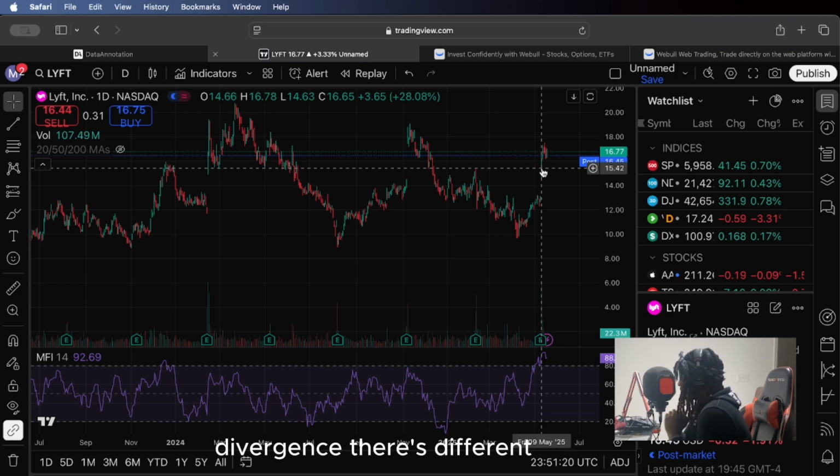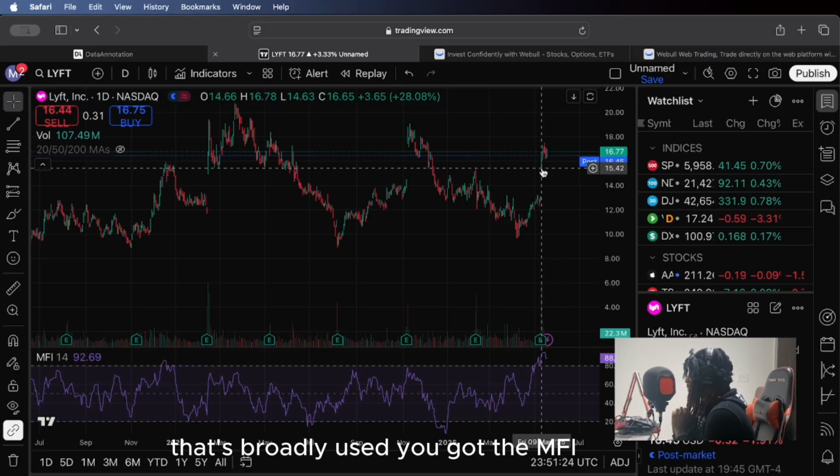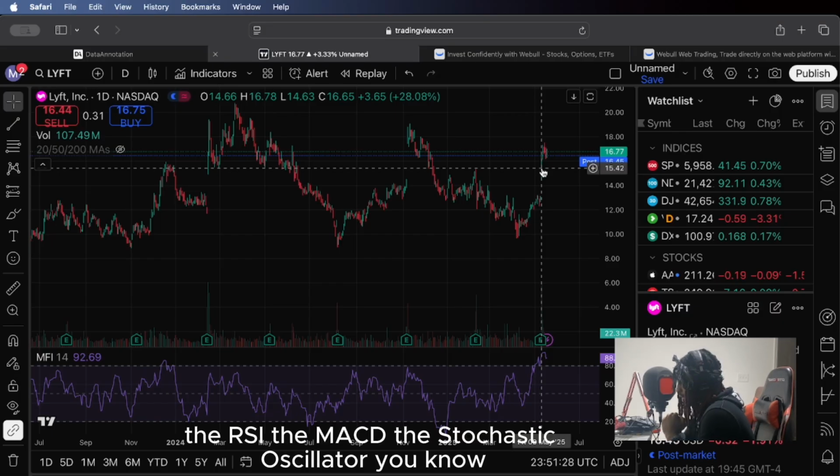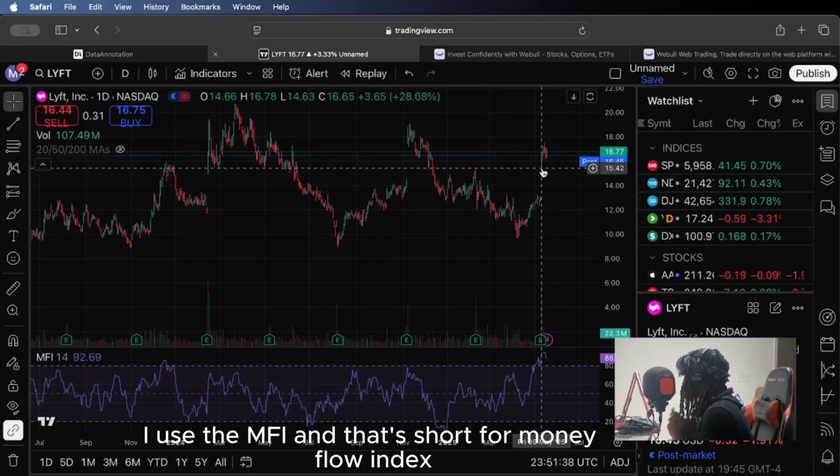There are a few different divergence indicators that are broadly used. You've got the MFI, the RSI, the MACD, the stochastic oscillator. I use the MFI, which is short for money flow index.